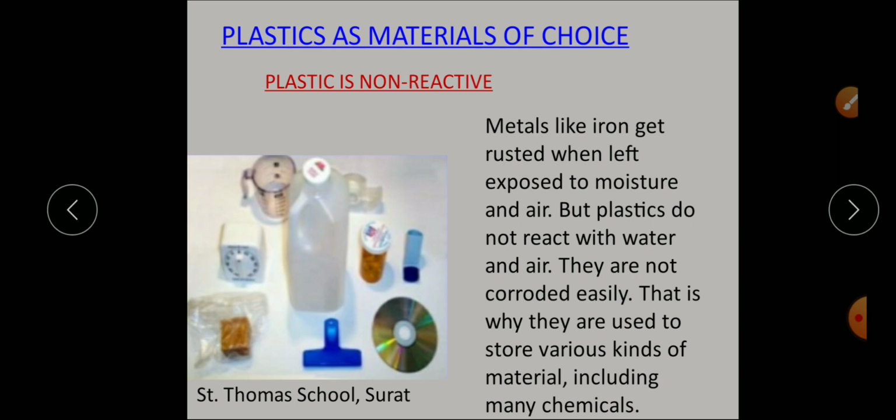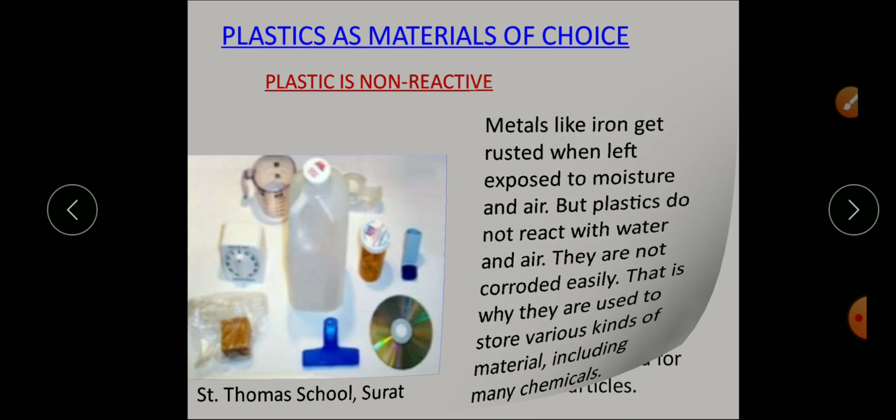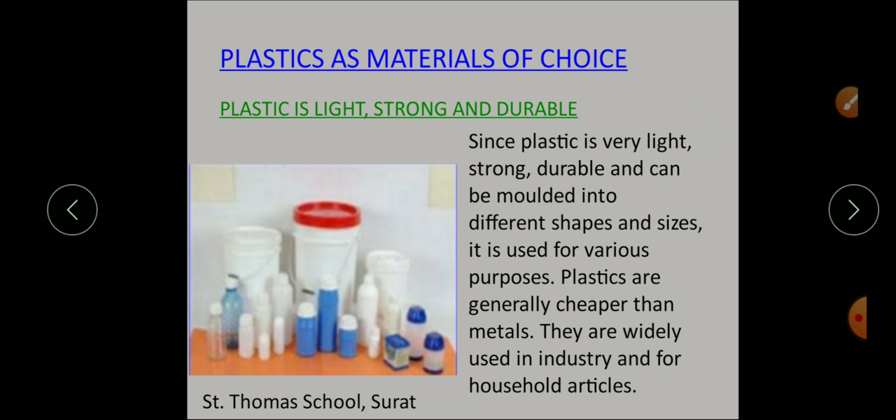Plastics are poor conductors of heat and electricity. Hence they are used in making handles of cooking vessels, and containers which are used in microwaves. This is the reason why electrical wires have a plastic covering. Yes or no?